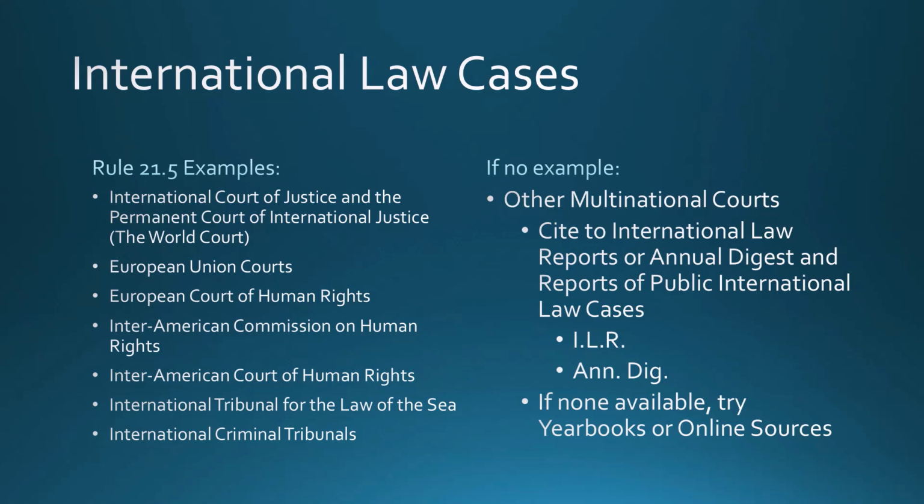You should try to cite to the case where it appears in either the International Law Reports or the Annual Digest and the Reports of Public International Law. The abbreviations to those reporters and examples of citations are available in Rule 21.5.8. If you cannot locate the case in either of those sources, you can always cite to the yearbook or an authoritative website where the decision appears.